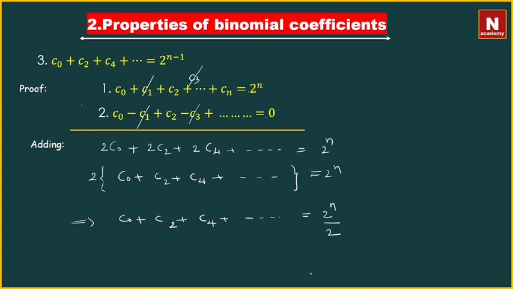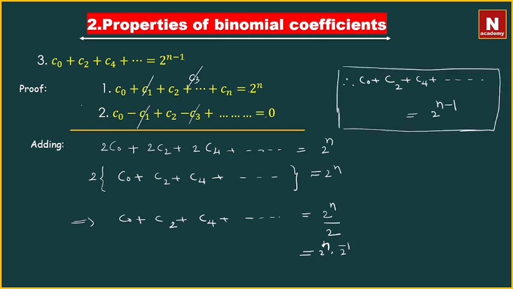This 2 write in the numerator, that will be 2 power n into 2 power minus 1. Therefore, finally C0 plus C2 plus C4 plus so on equals 2 power n minus 1. This is property number 3.